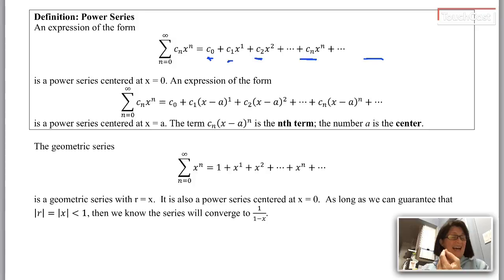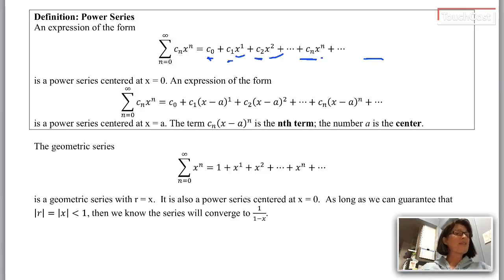A coefficient times the next highest power of x. So I have c0 times x to the 0, plus c1 times x to the first, c2 is some number times x squared. Any kind of series that I can write that looks like that, where the c's are some numbers, is what we call a power series.